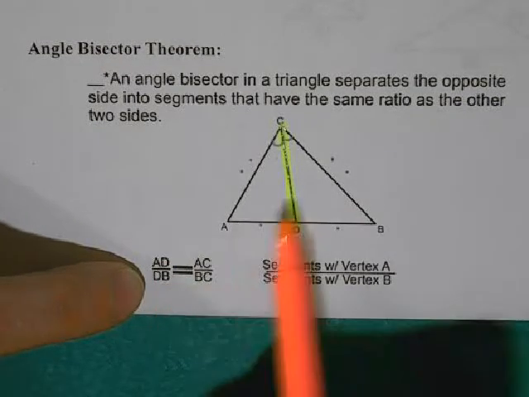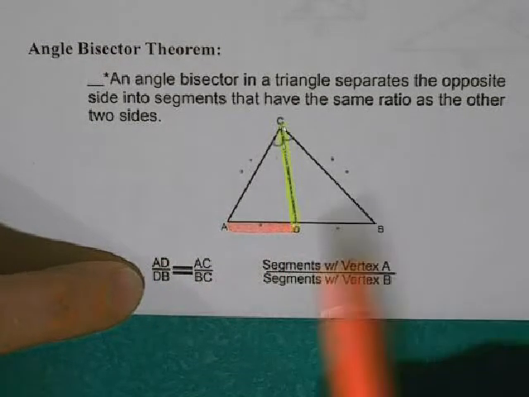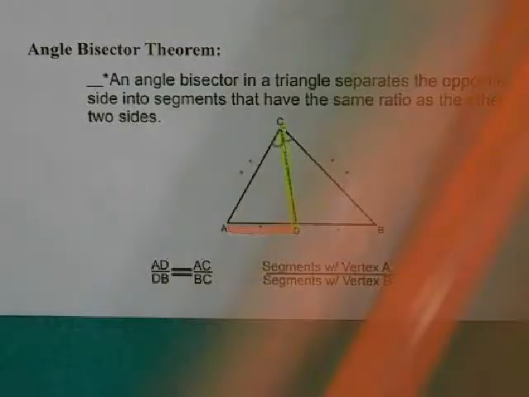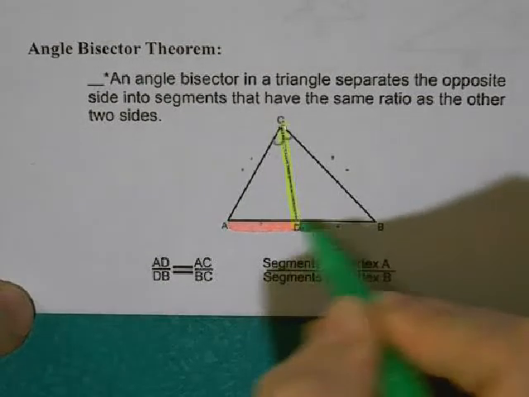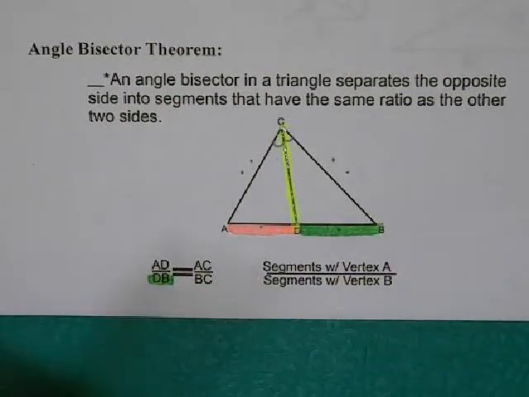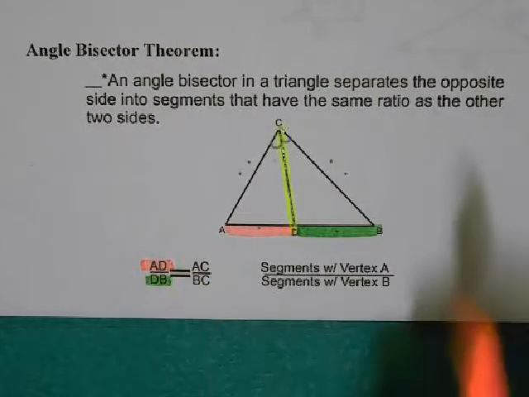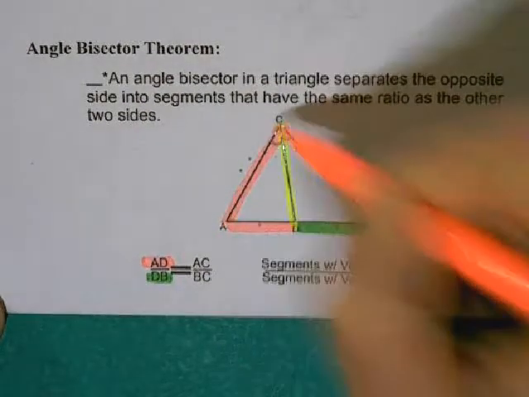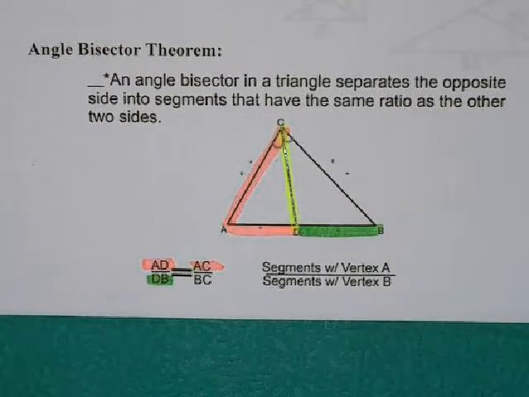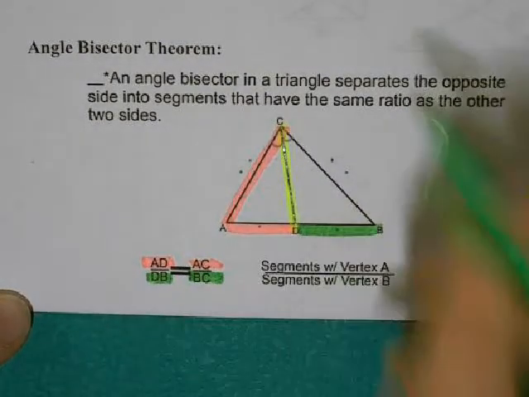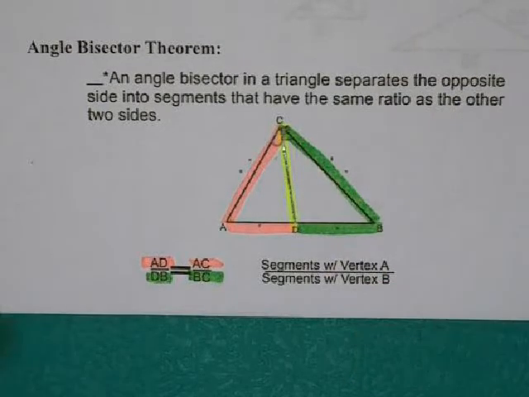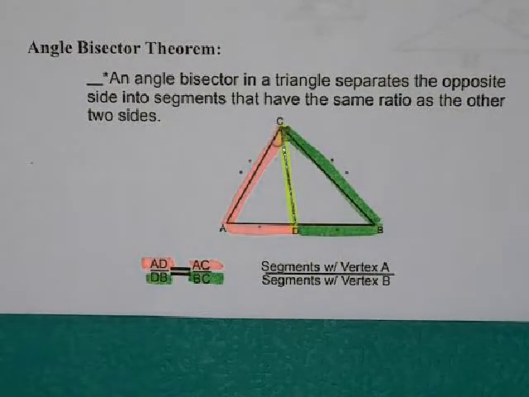So if you look at AD over DB, so AD over DB is equal to, and then AC, since it's on top I'm going to make it pink, over BC, which is right there.